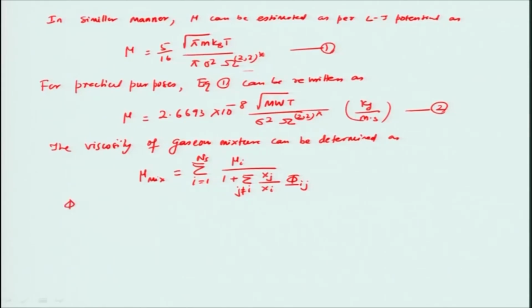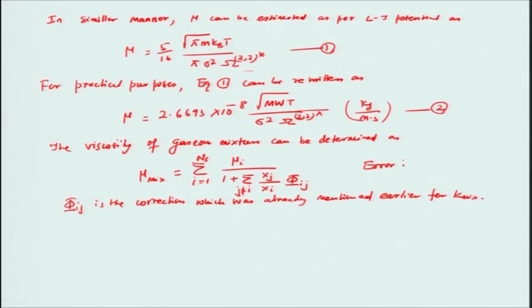This phi_ij is the correction factor which was already mentioned earlier for the conductivity of the mixture. The same relationship can be used, and keep in mind that when you do this, the error you will get is in the range of 5%, not exactly 5%, but in the range of 5% you should expect.